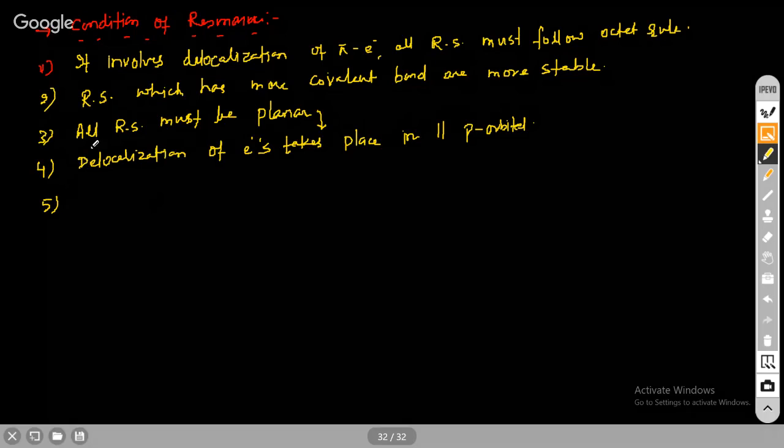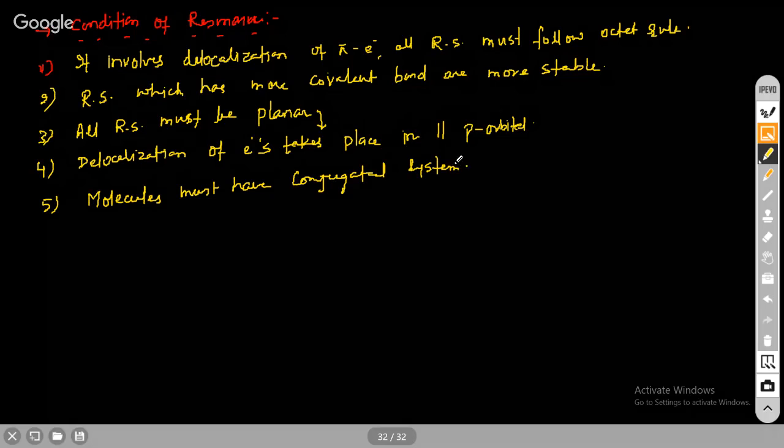Fifth one, molecules must have a conjugated system. What is a conjugated system? We'll discuss now.